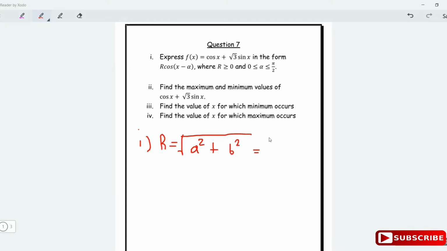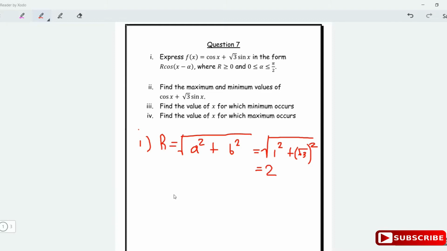So r is going to be the square root of 1 squared plus your b, which is root 3, so root 3 squared. 1 squared plus root 3 squared is 4, and we're square rooting 4, so r equals 2.